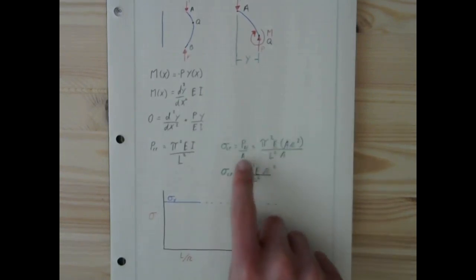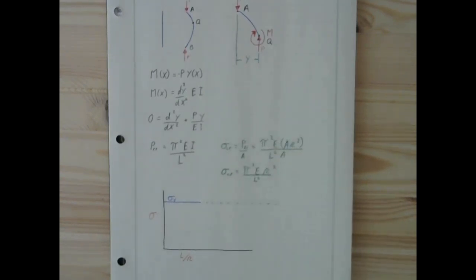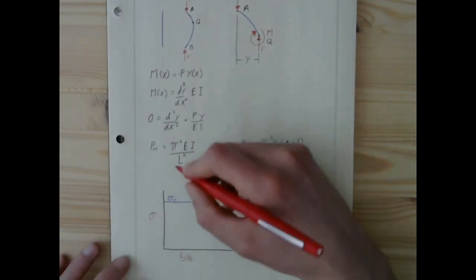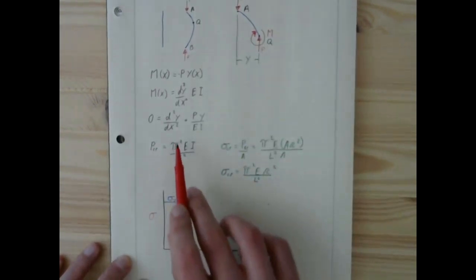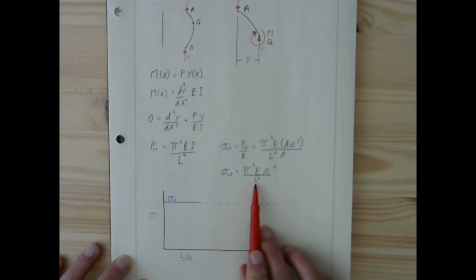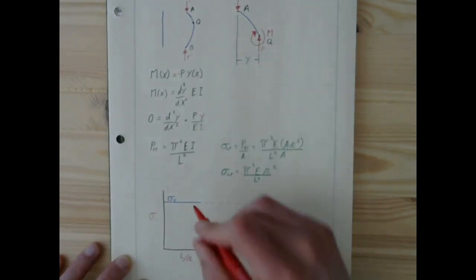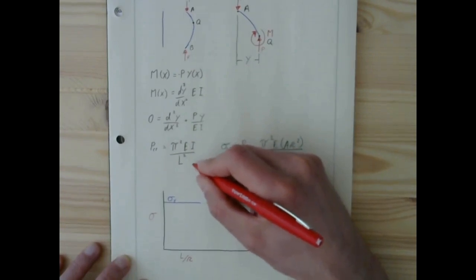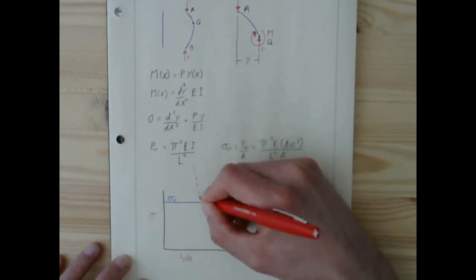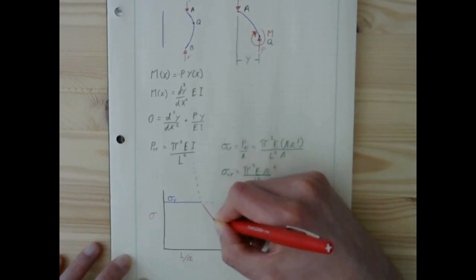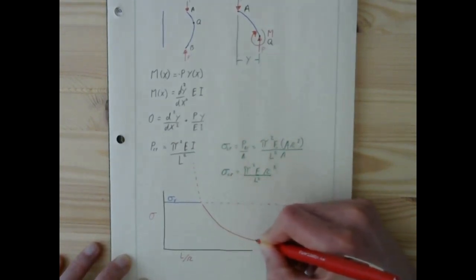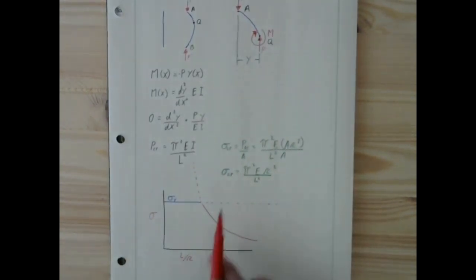This is a buckling stress, and it's going to start out very high, right? If this is very low, the length is very low, then it's going to be very high. But it's going to get much smaller as L increases.